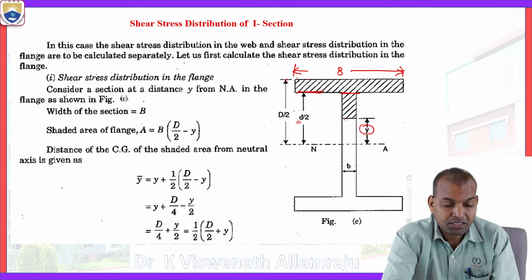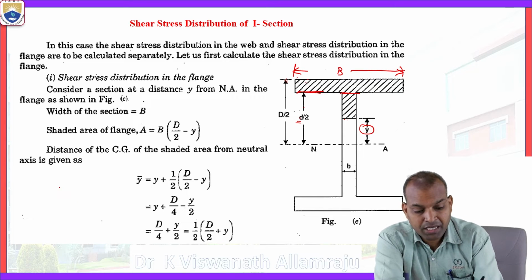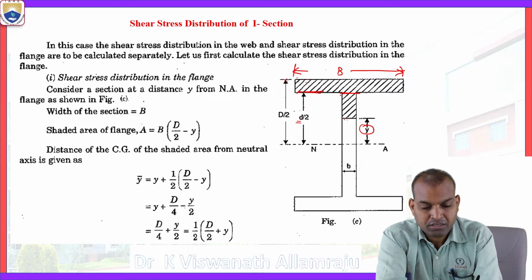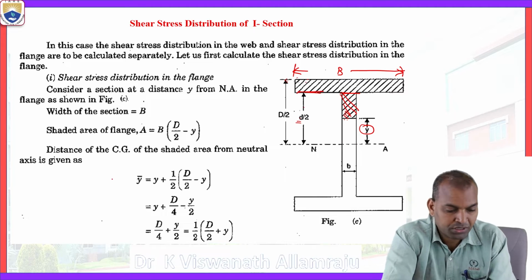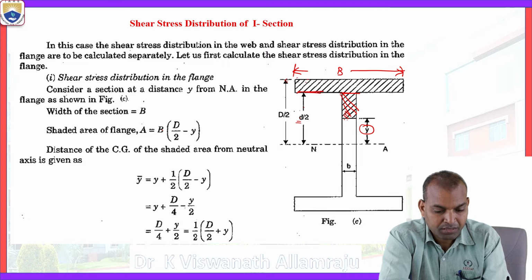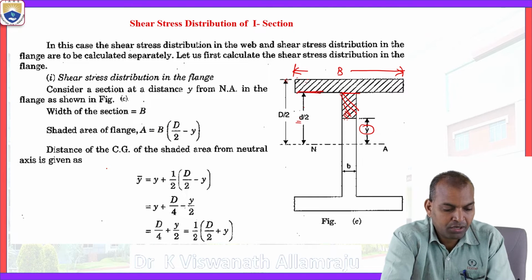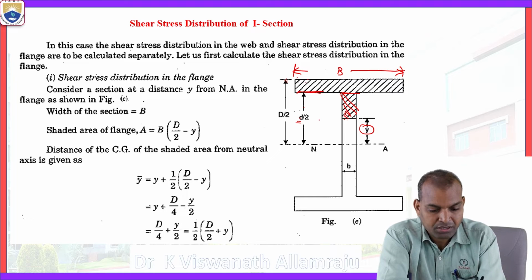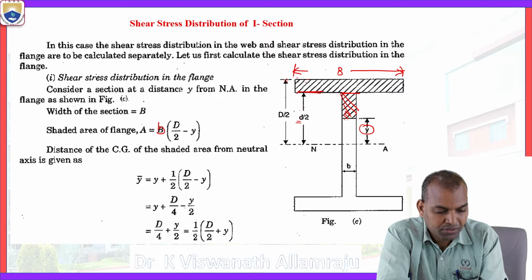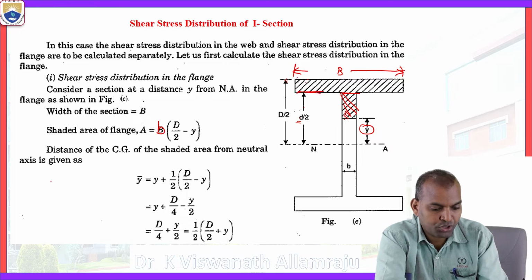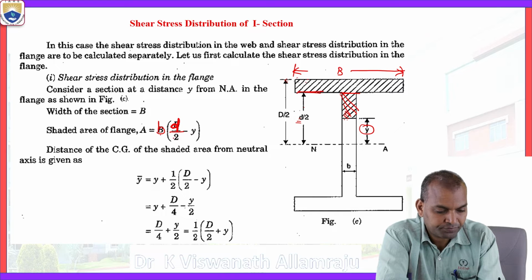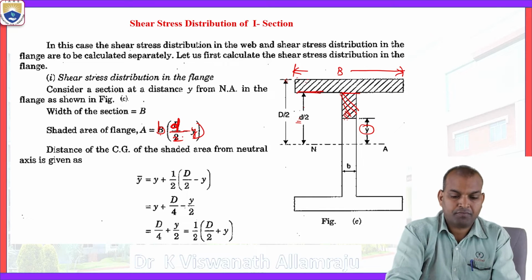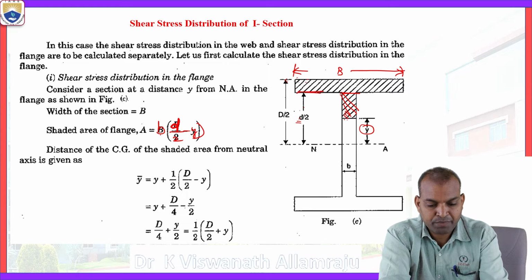But we want here the shaded area of the flange portion. The shaded area of the web portion is small b times small d by 2 minus y.